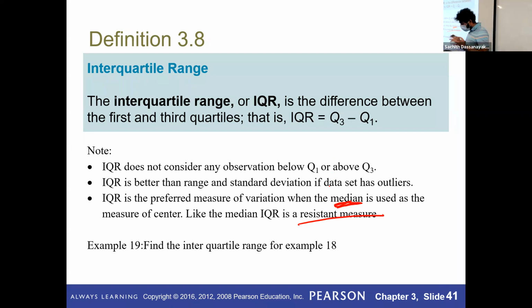If in any case your data set or observations have outliers, then you can use the median as a central measure of tendency, to measure the center, and you can use the quartiles or the interquartile range to measure the variation in your data set, because these are resistant measures. We call this the interquartile range, or IQR.